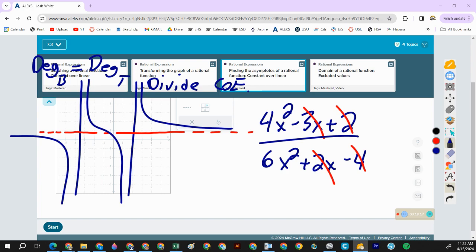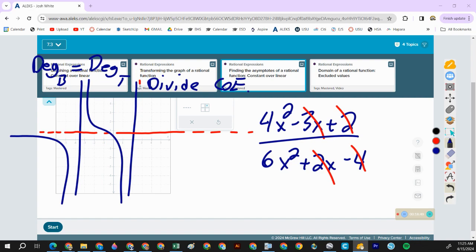Now, notice, I punched a hole in the HA. That's okay. Sometimes that happens. You can never, ever, ever intersect a vertical asymptote. But the horizontal asymptotes only apply on the edges. In fact, we could have a graph that looks like this.